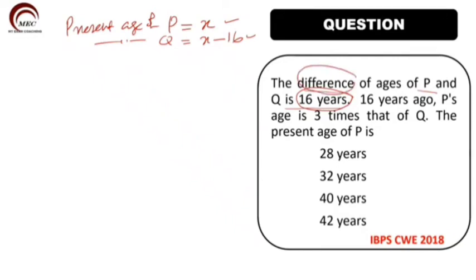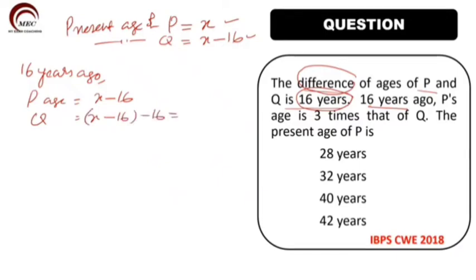Now, second condition. 16 years ago, P's age will be X minus 16 and Q's age will be X minus 16, again one more minus 16. So this will become X minus 32. Understand this concept very, very clearly.